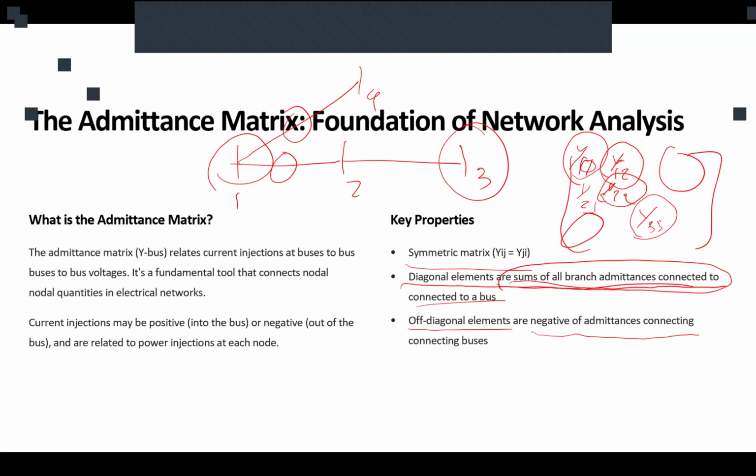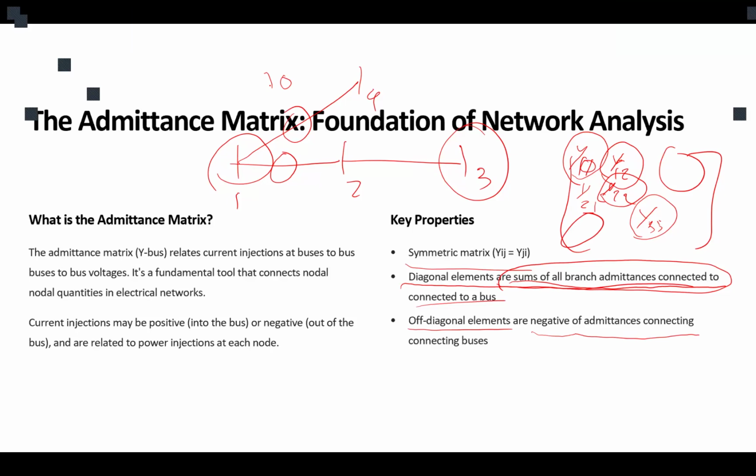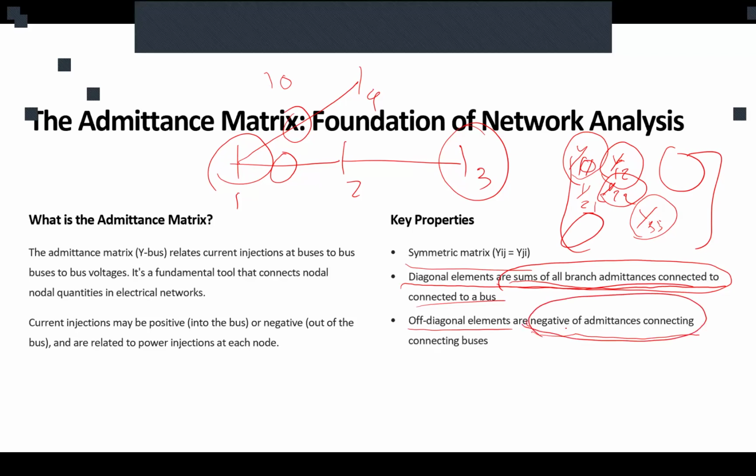So if in real life you have an admittance of like 10 Siemens connecting bus 1 and 4, y14 is going to be minus 10. Are we good? So the negative value of the admittance connected between the two buses gives the off-diagonal elements.